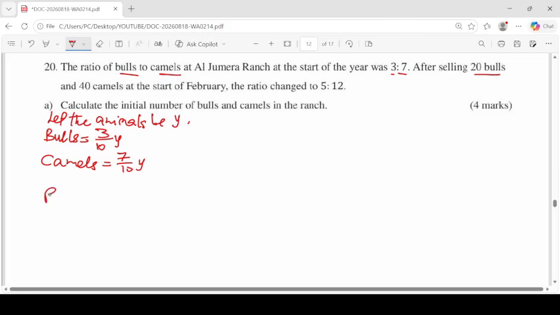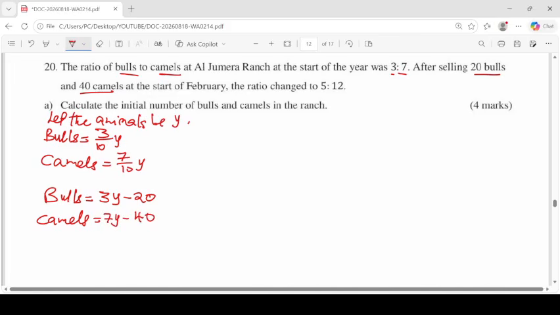So the new remaining number of bulls will be given by, remember the ratio, 3y minus 20. Then 40 camels were also sold, so the new number of camels remaining will be 7y minus 40.